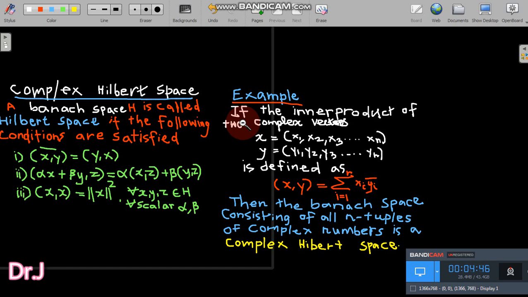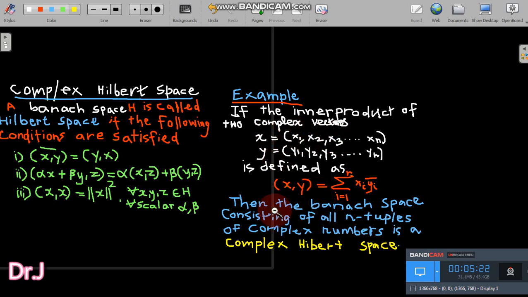A good example: take the Banach space consisting of all n-tuples of complex numbers, that is x equals x1, x2, x3, up to xn, and y equals y1, y2, y3, up to yn. Those are the two elements. Then the inner product of these two is defined like this. We define the norm of x as the square root of the sum of the squared moduli of xi.